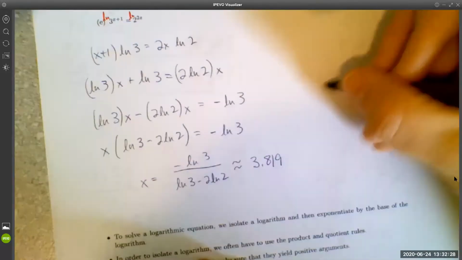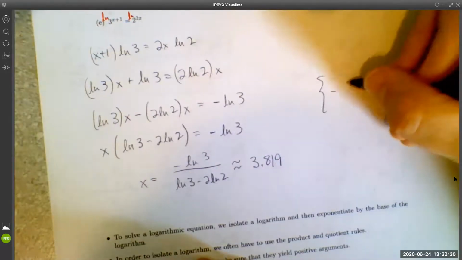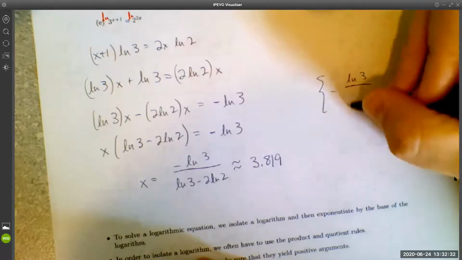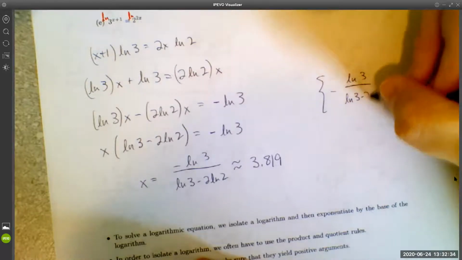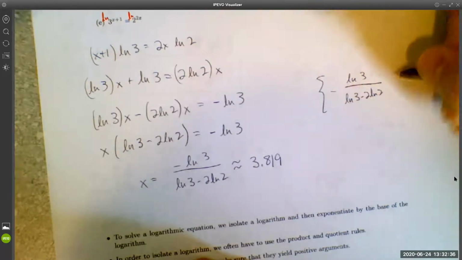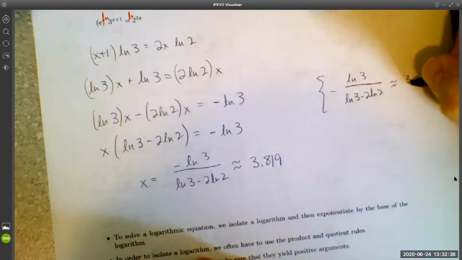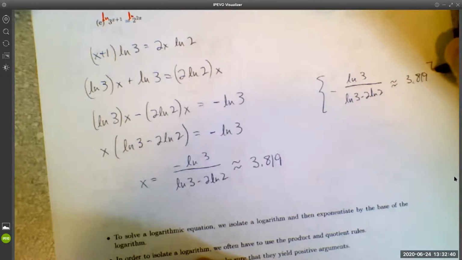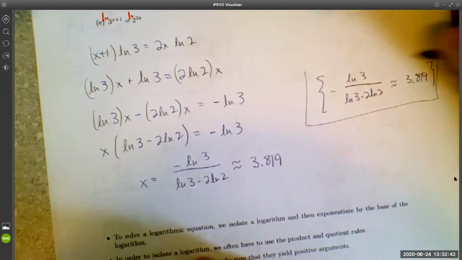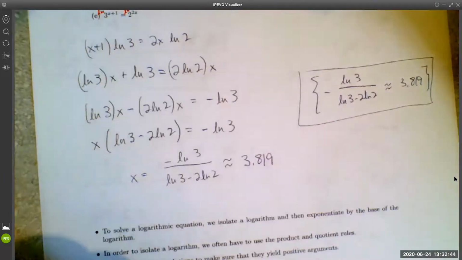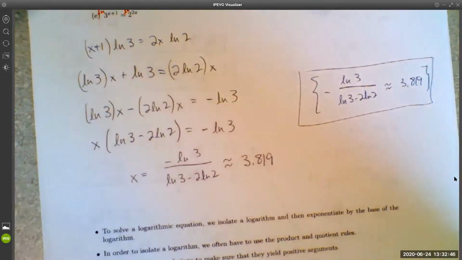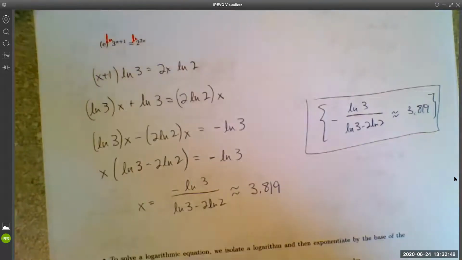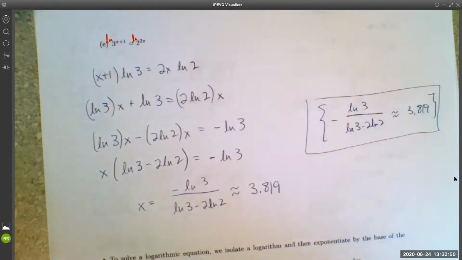Okay, so there we go. So that's that. Okay, so that's the strategy for solving an exponential equation.